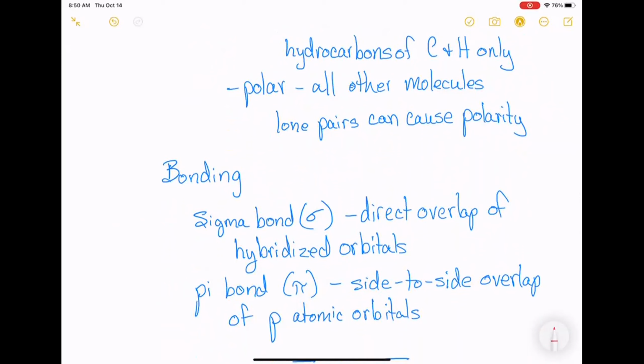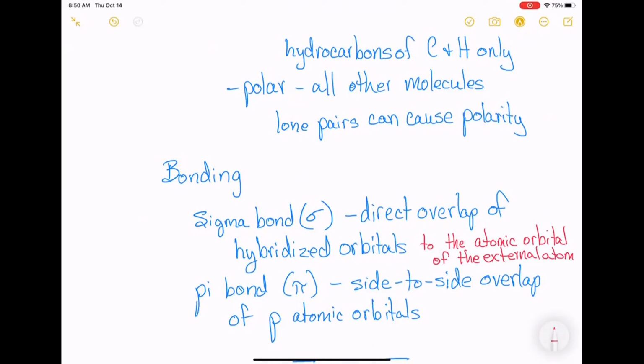A sigma bond will always be a bond that is formed through the direct overlap of hybridized orbitals to the atomic orbital of the external atom, or the atom adjacent to it.